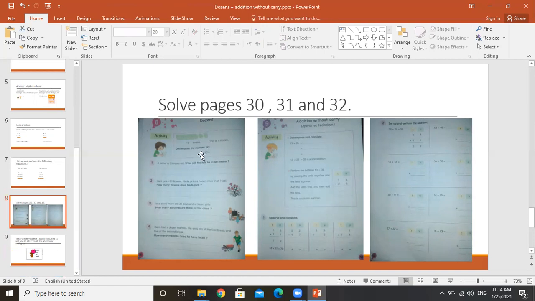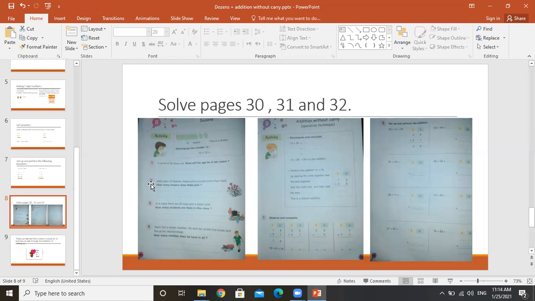So in number 12, we have 10 plus, yes, of course, 2. Number 1, a father is 33 years old. What will his age be in 10 years? We have 10. So we should add 33 plus 10.